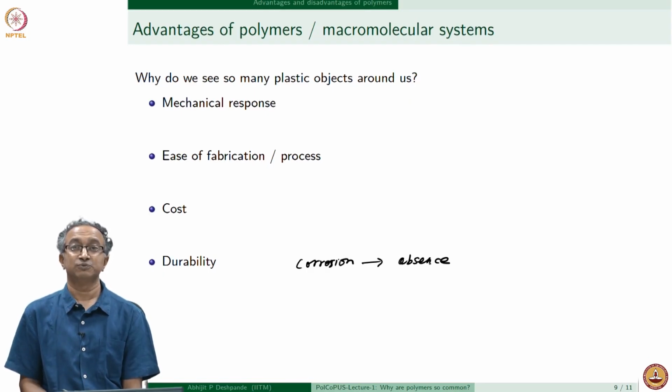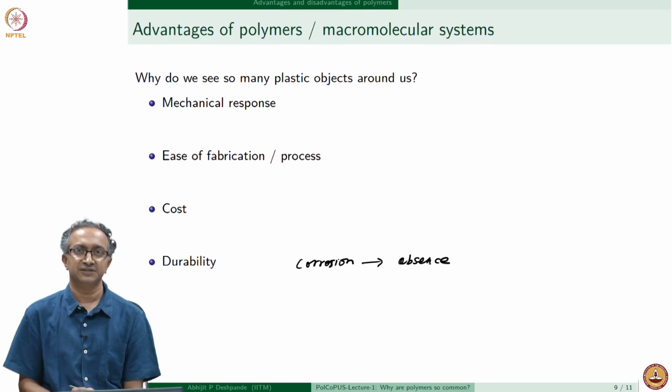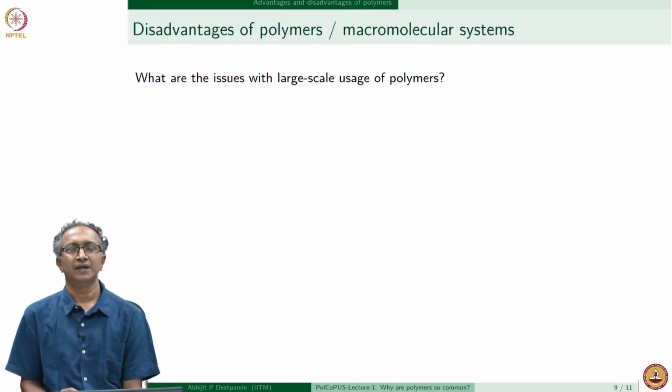Now, you can ask the reverse question also as to what are the disadvantages with polymers. Why do you think such large scale polymer usage is problematic? Or what are the challenges associated with large scale use of polymers?